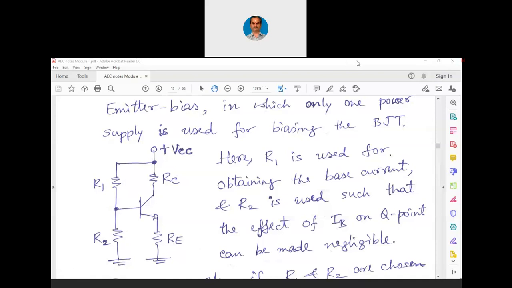Let me use annotation. See, there is this current flowing through R1, that is IR1. From the supply voltage, current is coming down. You will have to always visualize a battery here. Across this, you always visualize a power supply battery which is connected to ground.